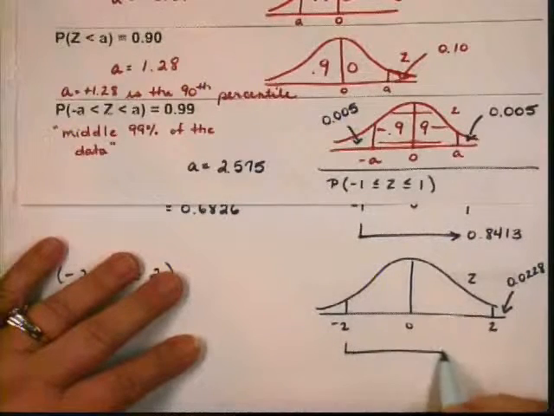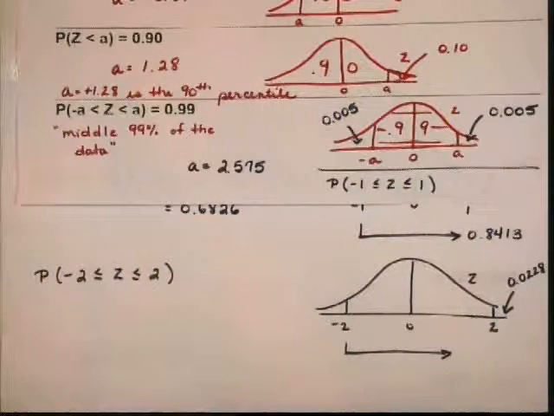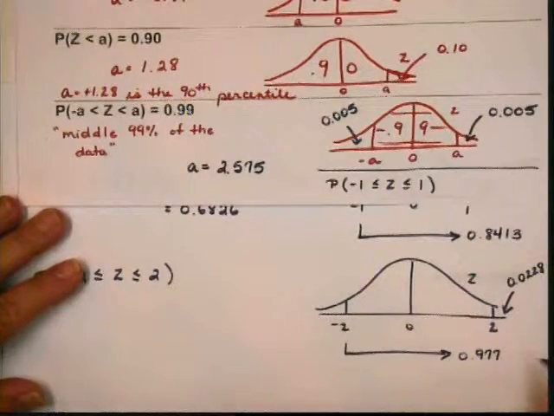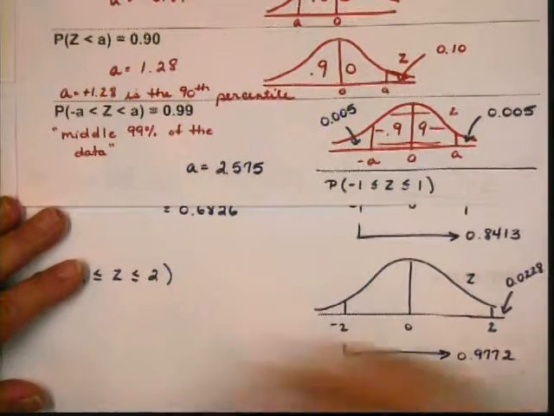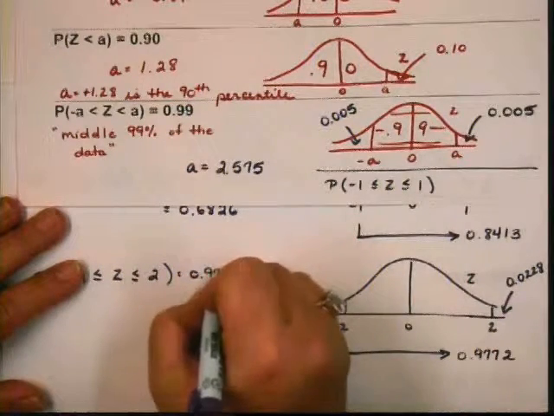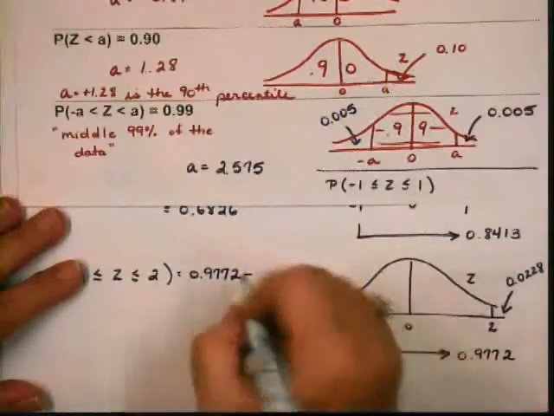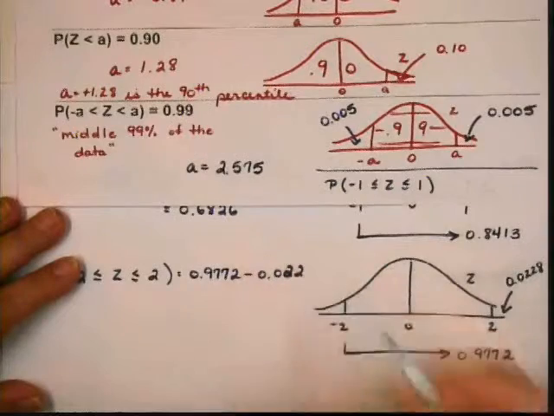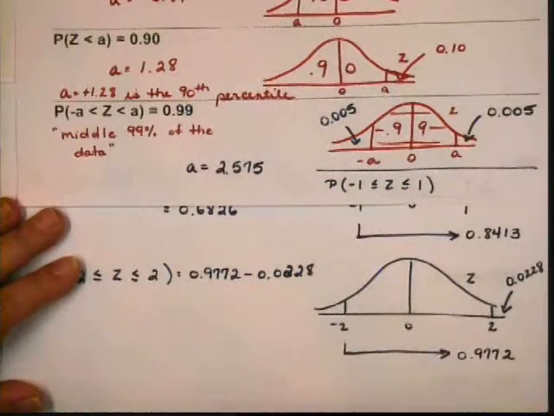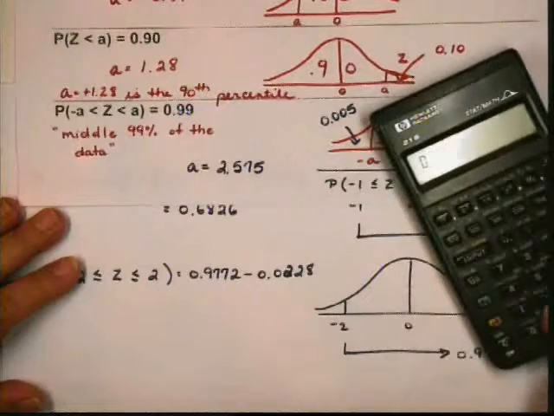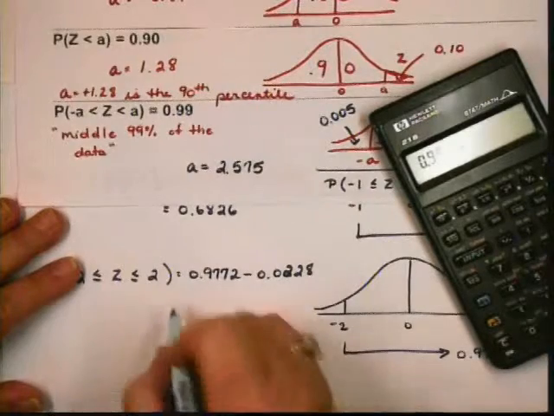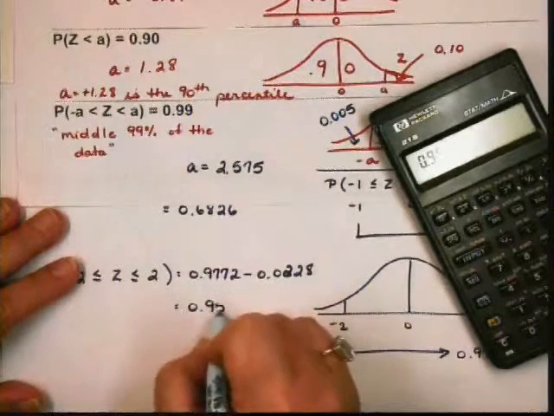From -2 all the way to the right, it's .9772. Whoops, about a 2 there. 0.0228. And the difference is approximately 0.95.